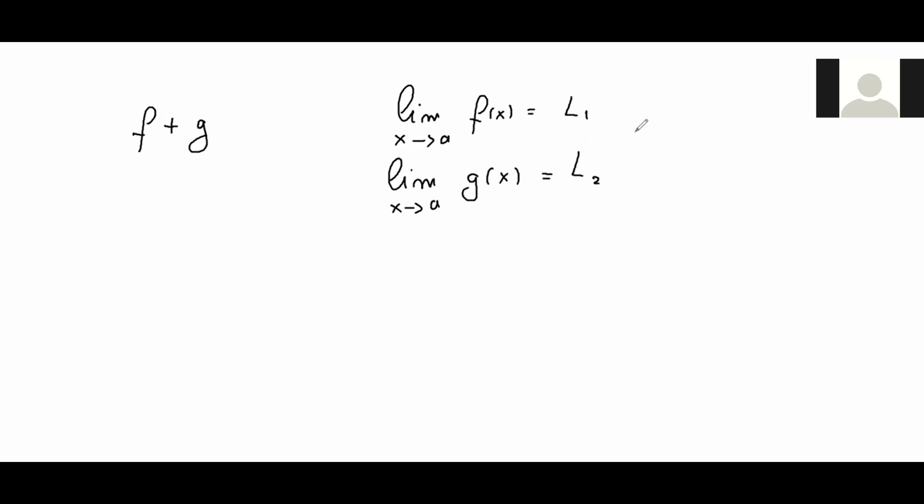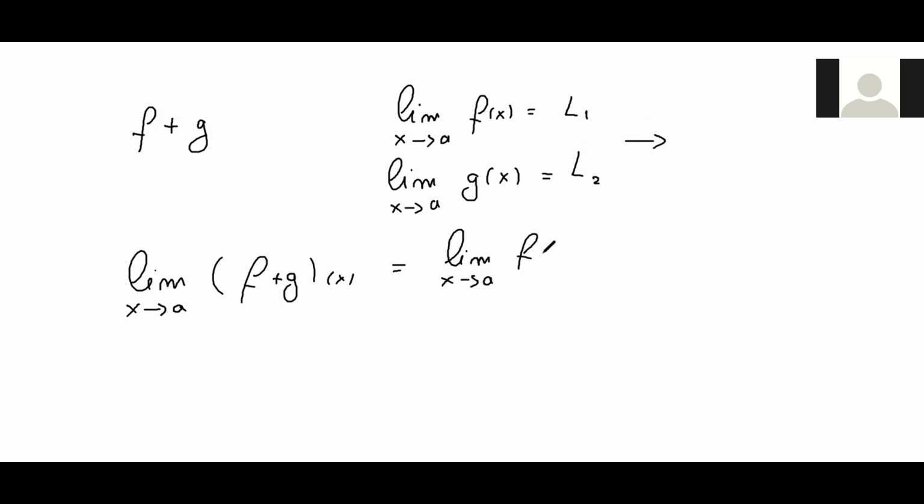Well, folks, for their sum f plus g, as x approaches a, f of x approaches L1, g of x approaches L2, so the sum will approach L1 plus L2. So it's not so hard to guess what happens. And they say in the book, it's a bit abstract here, the limit of f plus g as x approaches a is equal to the limit as x approaches a of f of x plus the limit as x approaches a of g of x.